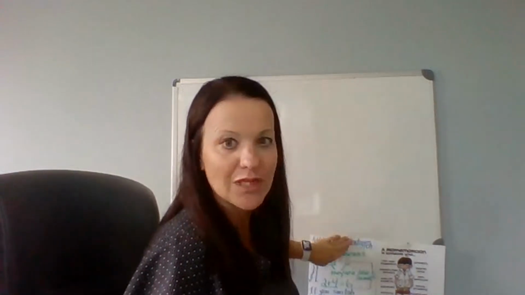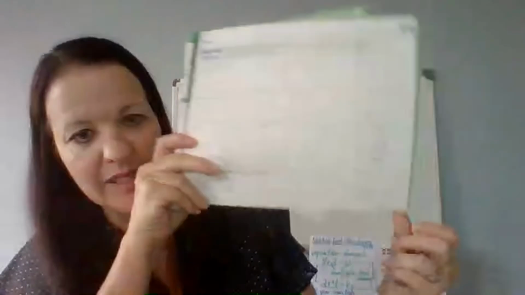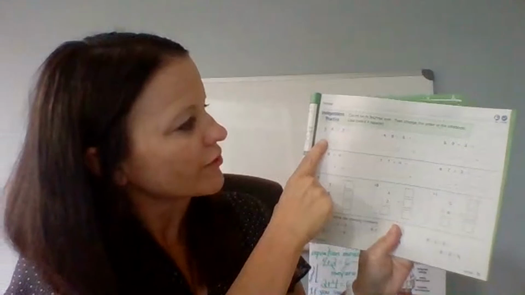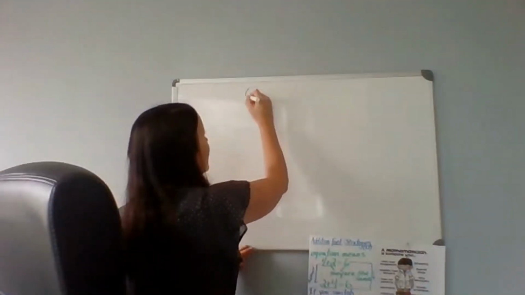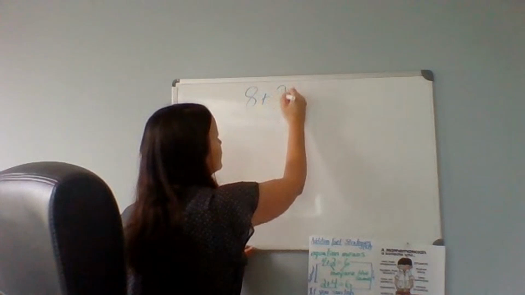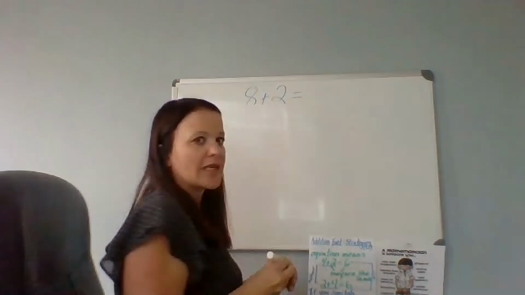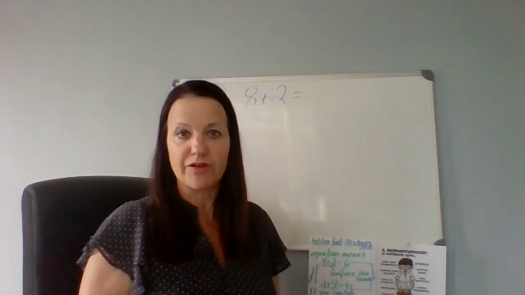All right, let's do a little practice. So I would like for you to turn to page 7. We're going to look at number 3. Number 3 says 8 plus 2 equals. Now here we can draw our pictures or use our counters, whatever you like.